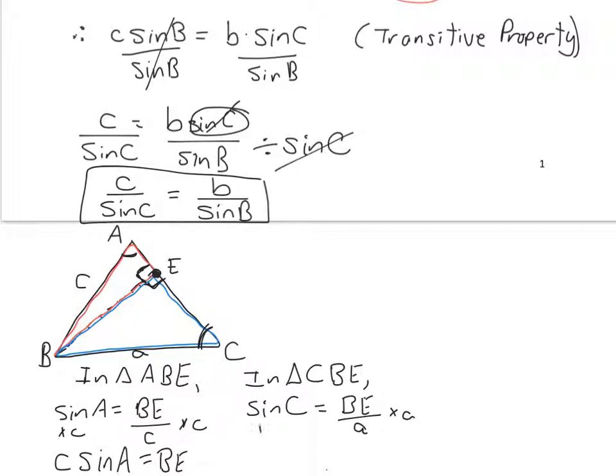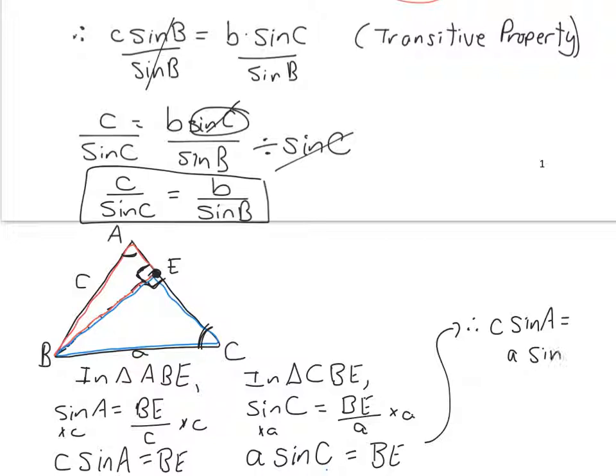To get BE by itself, multiply both sides by side length A, and you get side length A times the sine of angle C is equal to BE. Because both of those statements are equal to BE, I can conclude, therefore, that C times the sine of A is equal to A times the sine of angle C.